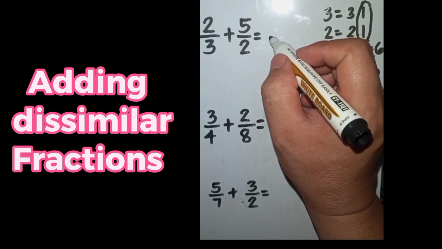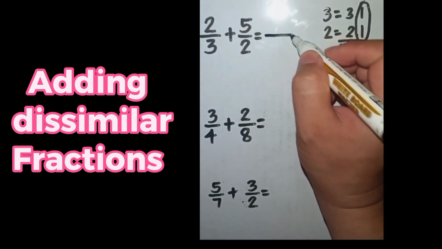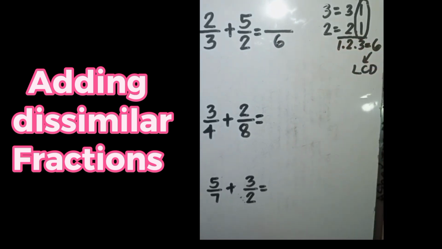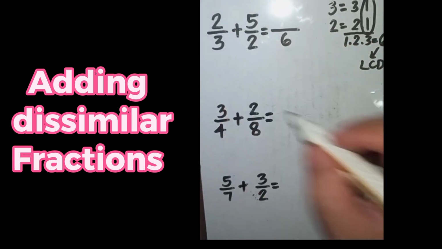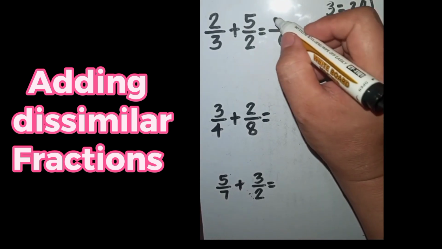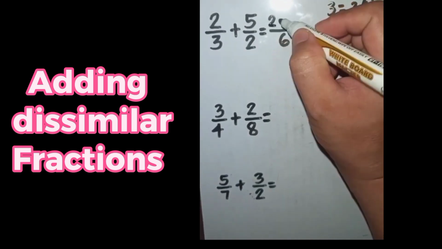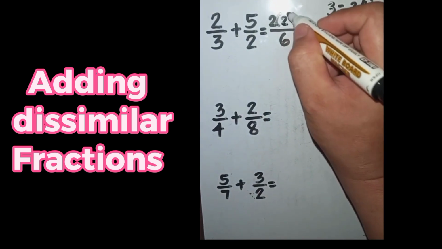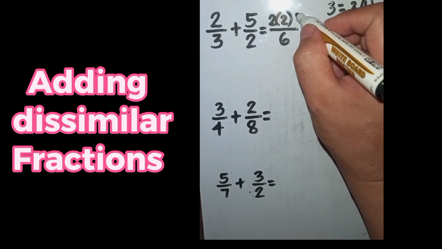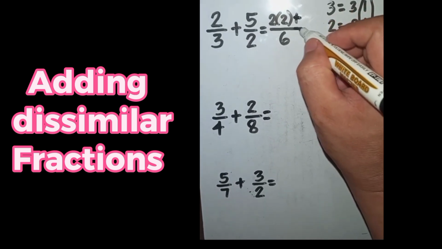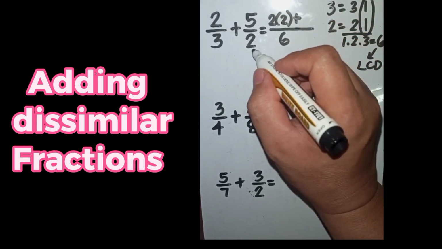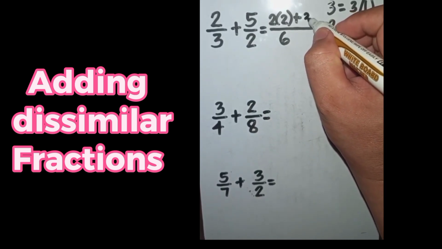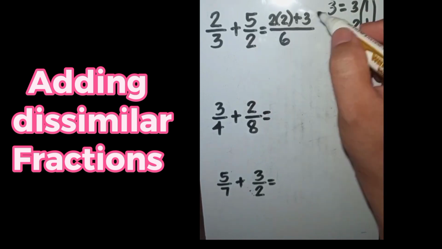Okay, so this time we have to take the LCD, 6. 6 divided by 3, that is equal to 2, times the numerator 2, plus 6 divided by 2, that is equal to 3, times the numerator 5.